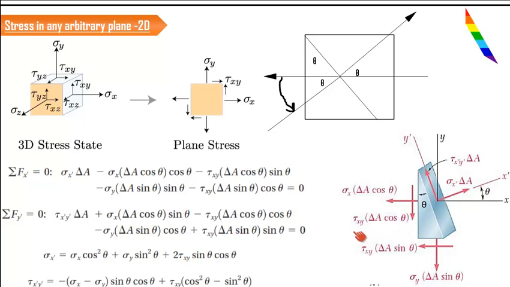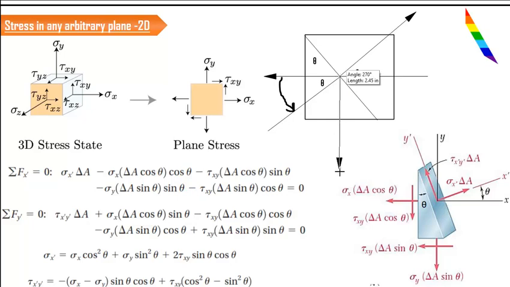Now we have to resolve the tau xy delta a cos theta. So that is acting in the y direction, right? And you are supposed to resolve this into the x dash direction. So it will take sine theta. Now in a similar manner, when you resolve sigma y delta a sine theta into the x dash component, it is going to be sigma y delta a sine theta into sine theta, because sigma y is acting in this direction.